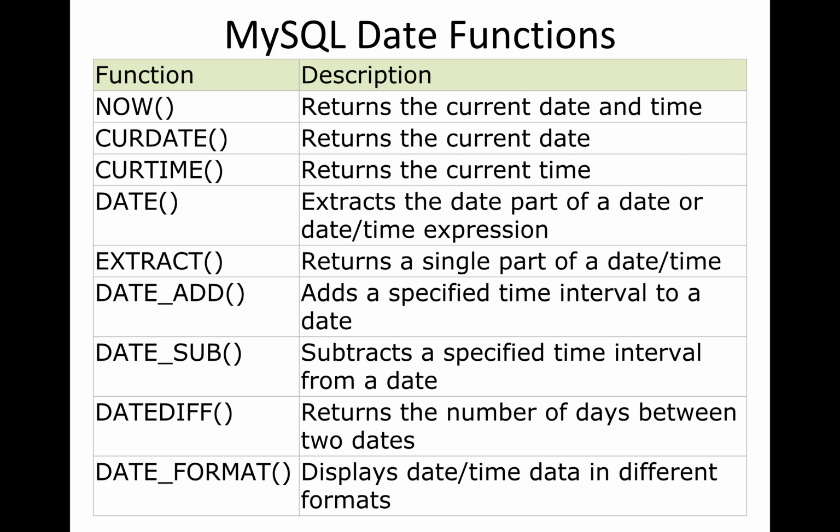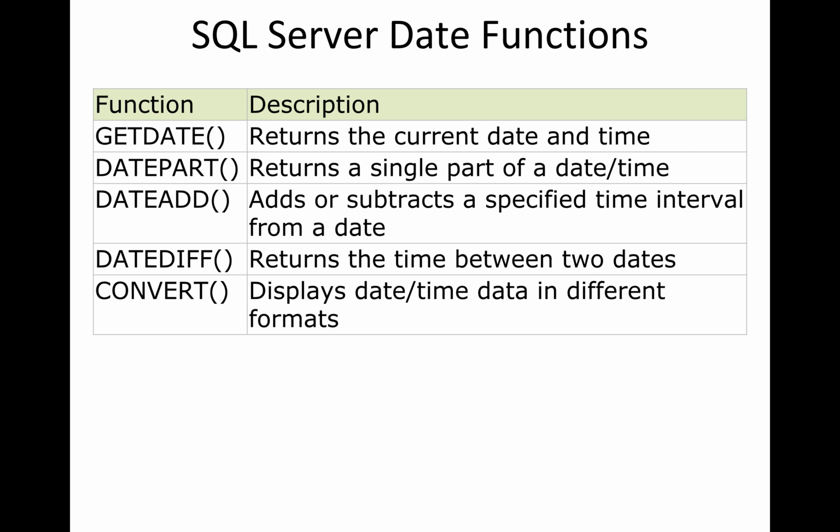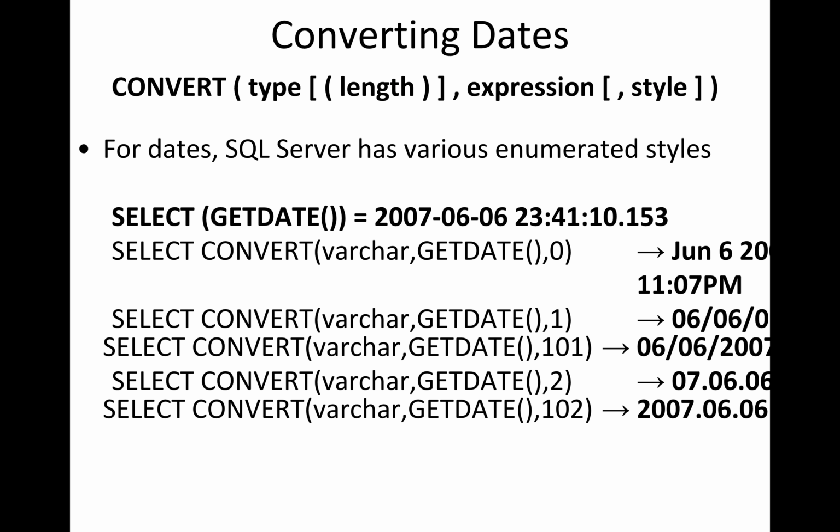Here are some in MySQL that allow you to do date addition, subtraction, retrieval of a particular part of a date, or formatting in military or European or some other locale, represented in different formats. SQL Server has its own types of date operators.